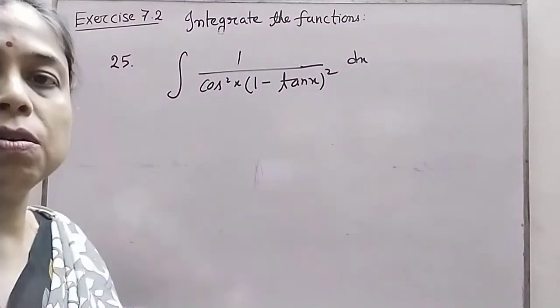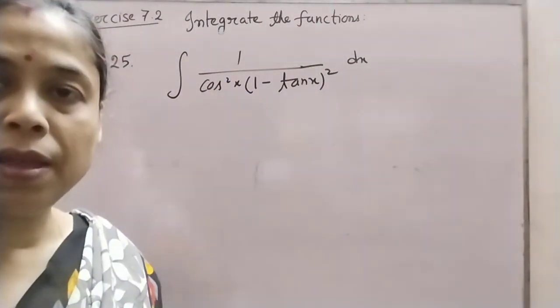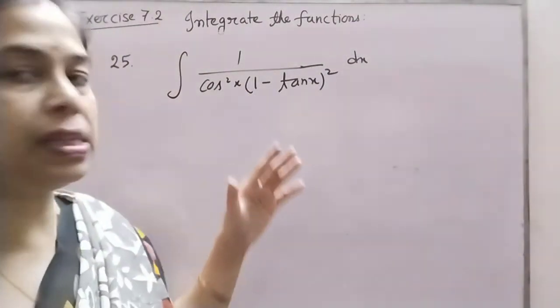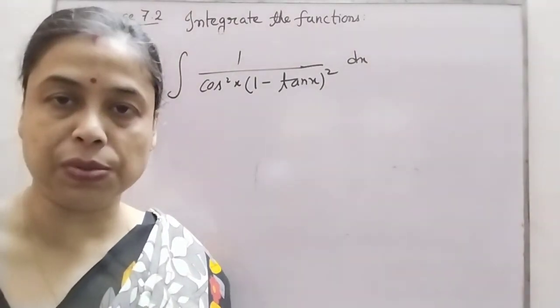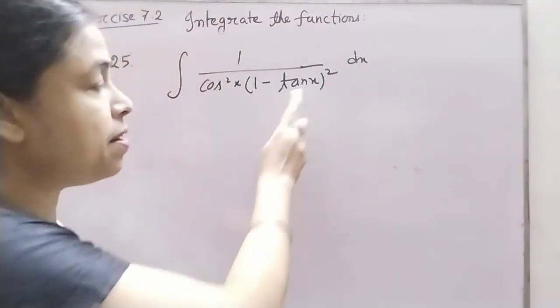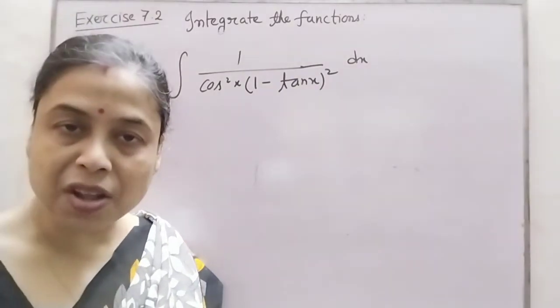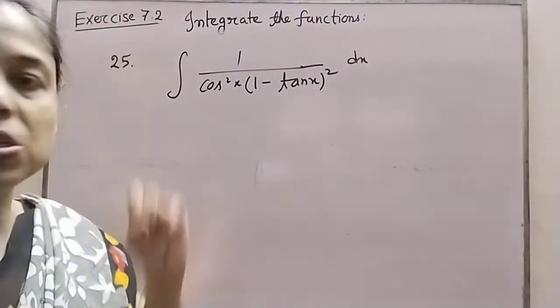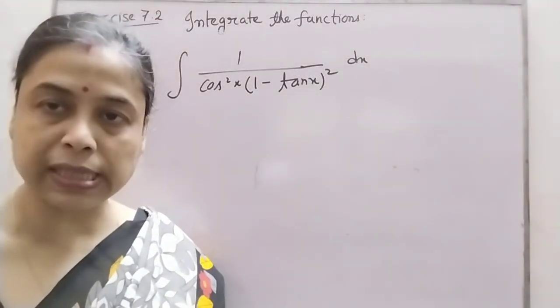1 divided by cos square x into (1 minus tan x) whole square. Now if you notice, when you see the question you will understand what substitution we are going to use. In this case, you know the derivative of tan is sec square x. Sec is not directly present, but 1 by cos square is there, and we know 1 by cos square means sec square, the reciprocal of cos is sec, right?